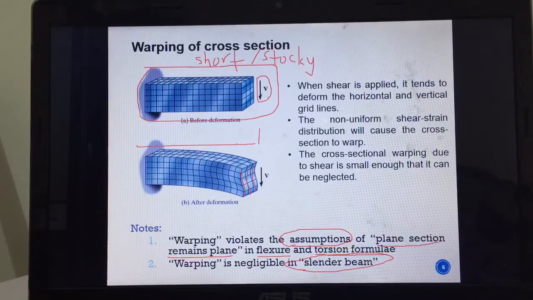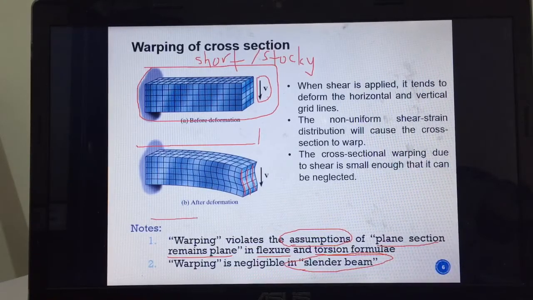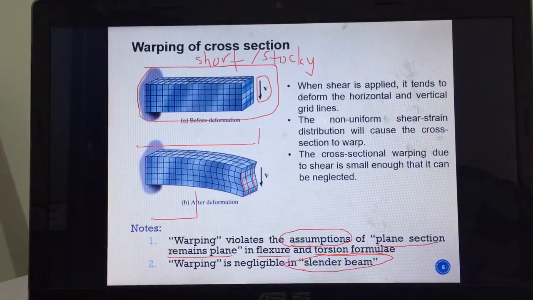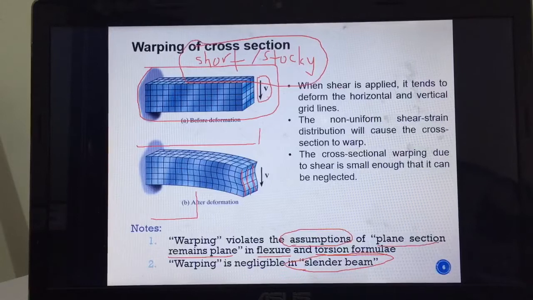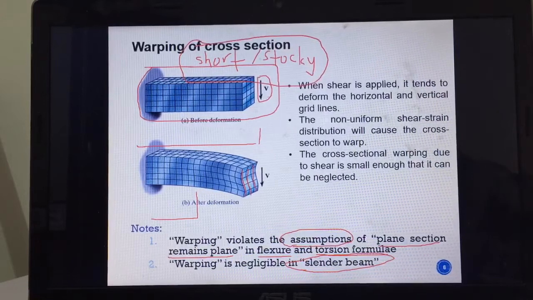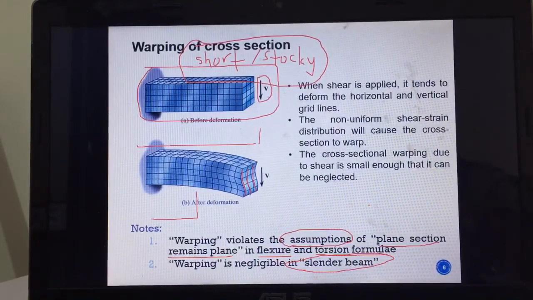If the length is short and it is quite thick, we call it a short or stocky beam. So this short or stocky beam is problematic to be analyzed by using the flexure or torsion formula. Okay.